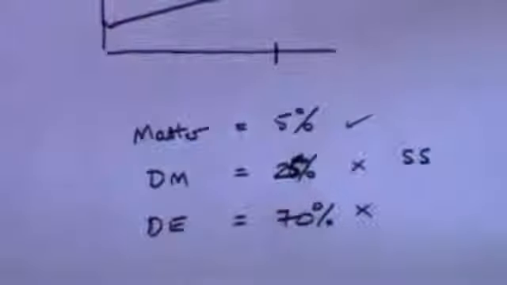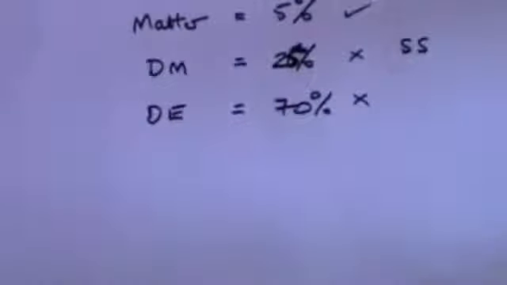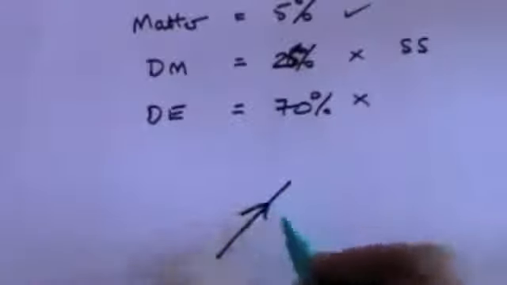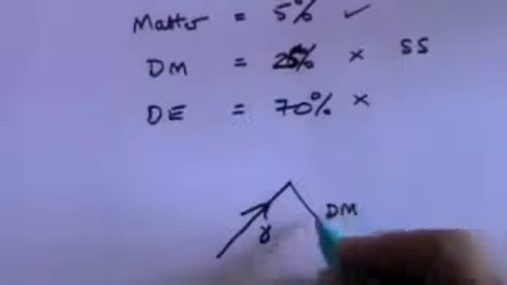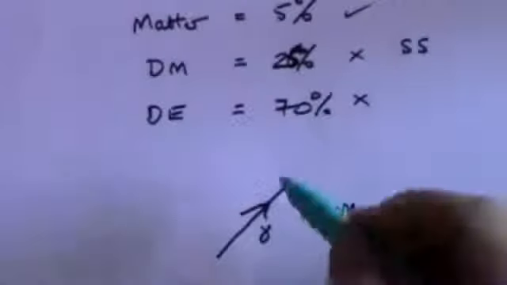a supersymmetric particle. And we can show that in a Feynman diagram, because what we know about dark matter, and the reason it's called dark matter, is that it doesn't interact with radiation. It doesn't, for example, interact with light, so you can't see it. So if we were to draw a Feynman diagram, here is a photon of light, and here is a dark matter particle. What we are saying is that there is actually no interaction between the two.